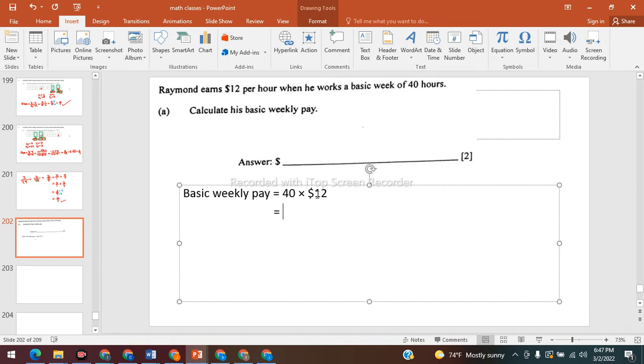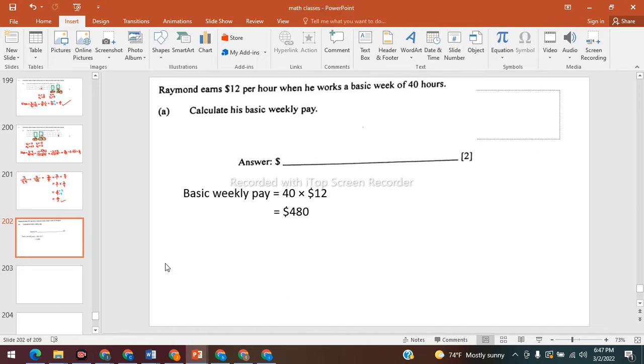And what is 40 times 12? 480. $480. Okay, so we're getting $480. That's his basic weekly pay, $480. Okay, pretty simple.